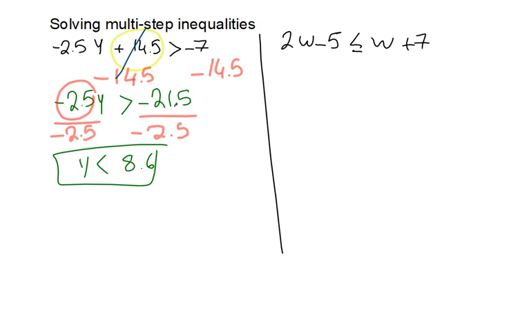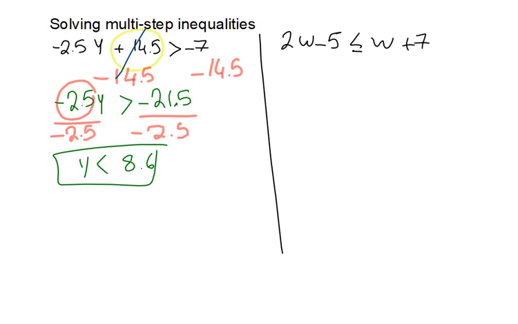On the right side, we have variables on both sides, so that's a little bit more complicated, but not impossible to solve. We've done this before with equations, but now with inequalities, this is a little bit different with respect to just the inequality sign. So the first thing we can do is add 5 to both sides.